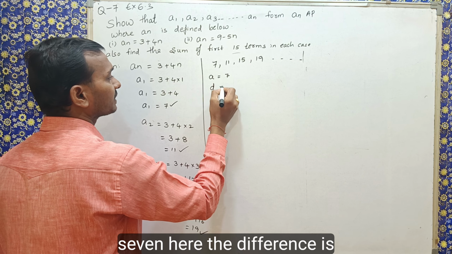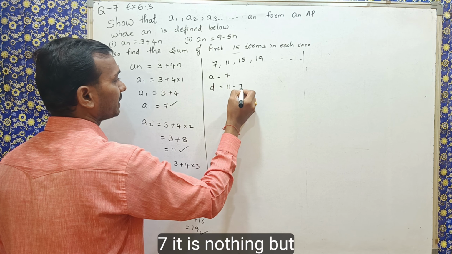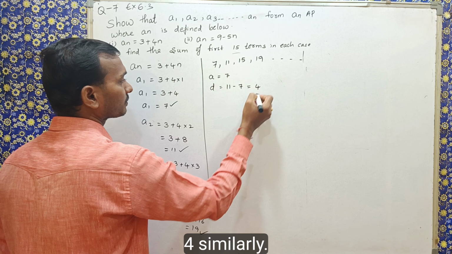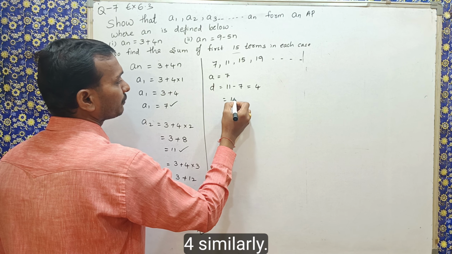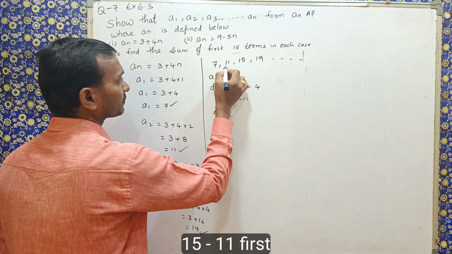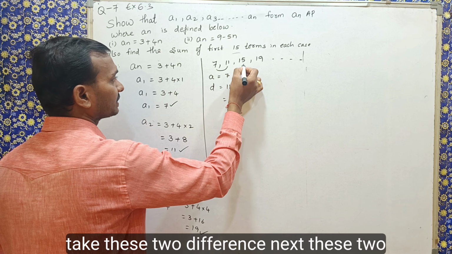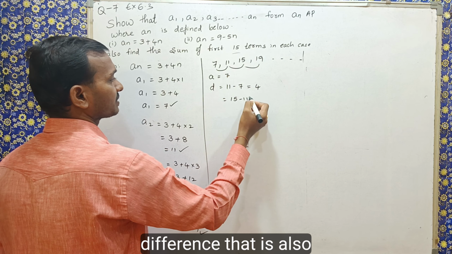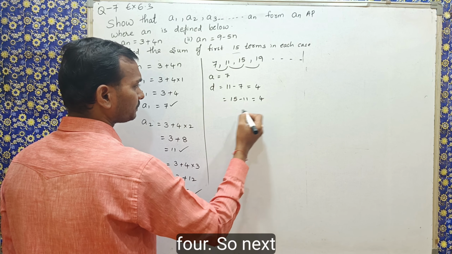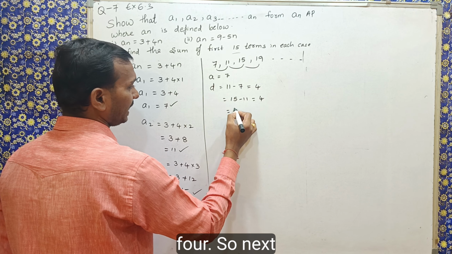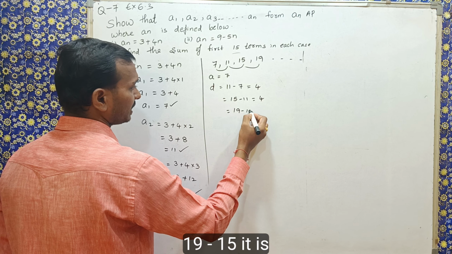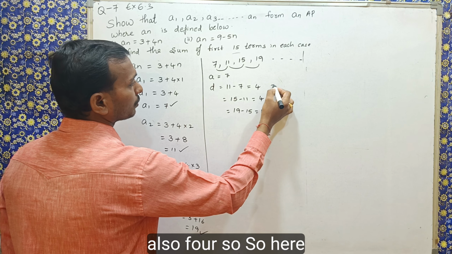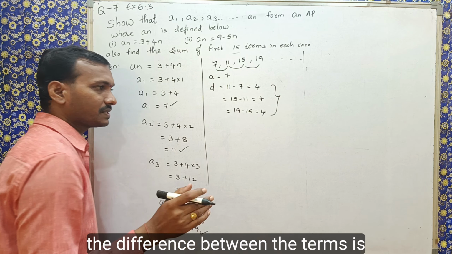Here the difference is nothing but 11 minus 7, it is nothing but 4. Similarly 15 minus 11. First take these two difference, next these two difference, these two difference. That is also 4. So next 19 minus 15, it is also 4. So here the difference between the terms is same.